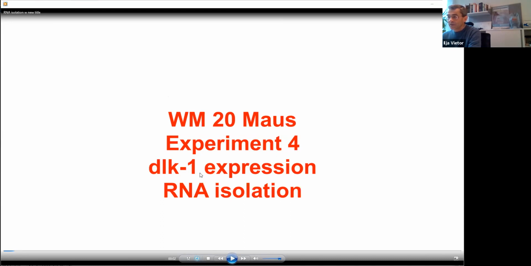So you know that this DLK1 is regulated by Wnt signaling, and it plays an important role in adipogenesis, so differentiation of adipocytes.